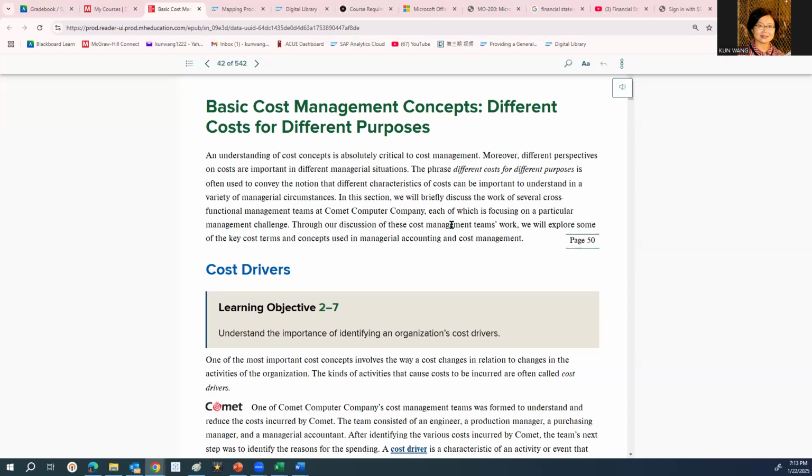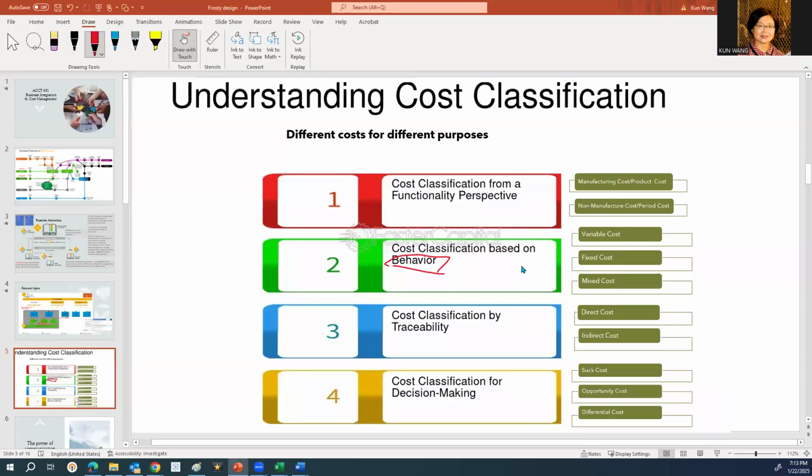Rather than keeping the same number of staff no matter how the volume of patients changes. So that's all the things a manager can think about, to optimize the cost categories and do better cost management by analyzing the cost behavior.